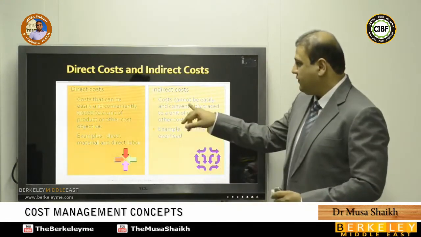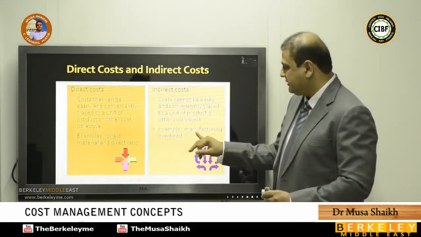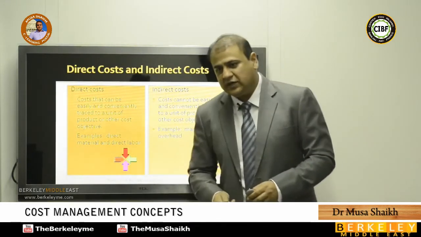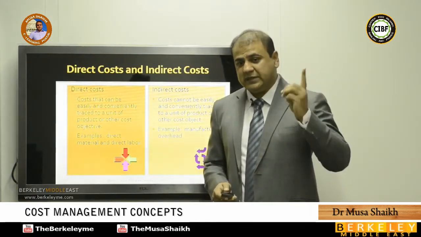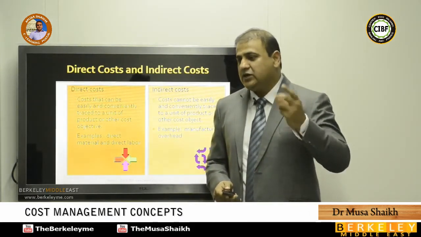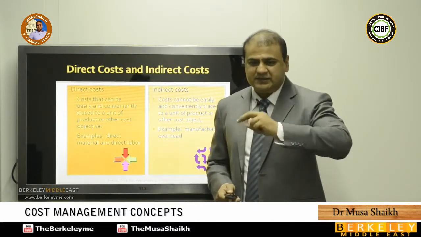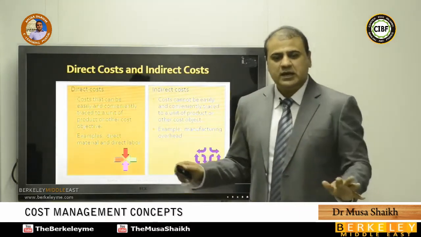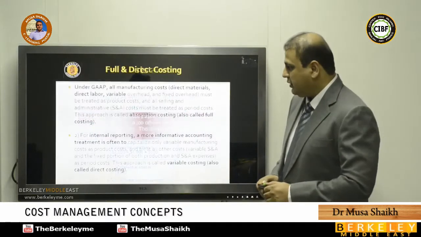So there are always costs that cannot be easily and conveniently traced to a unit of product. That example is manufacturing overhead. So for easiness, cost means three components: material, labor and overhead. Two are direct always. Material and labor are direct and all others are indirect, right? Okay, I will move forward.